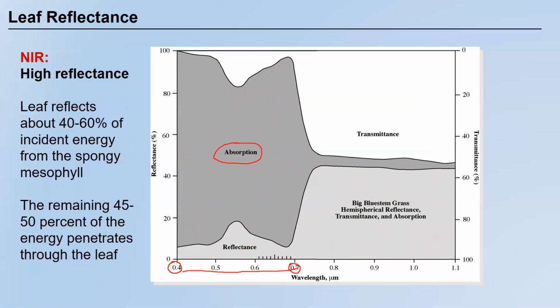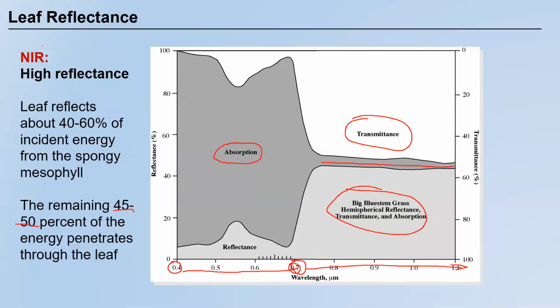And after that, from near infrared and going on to the right, reflectance is dominant. Transmittance is also dominant, because a lot of light, of course not visible light, is penetrating leaves, and absorption here is very weak.